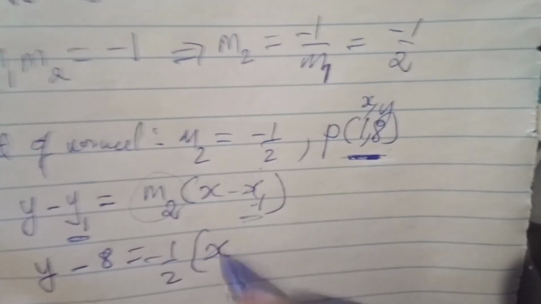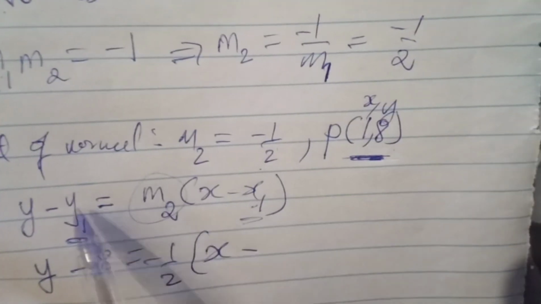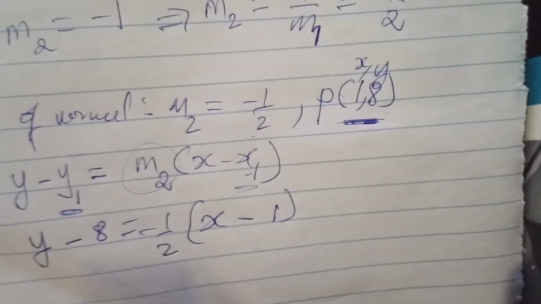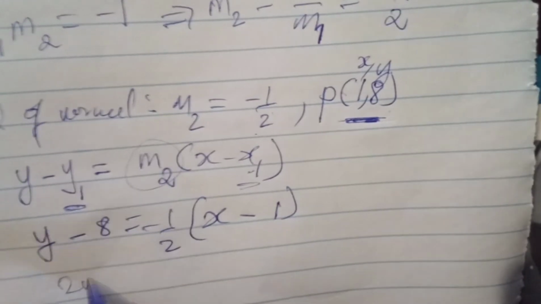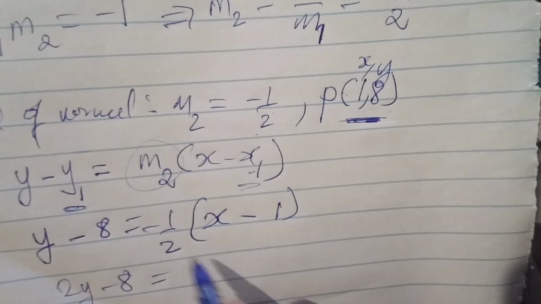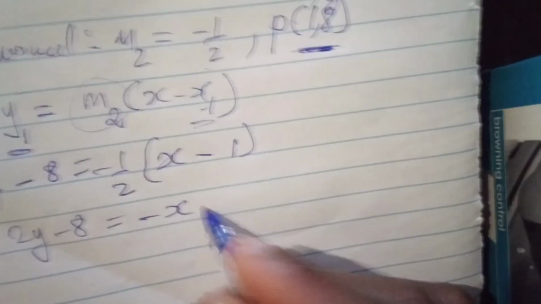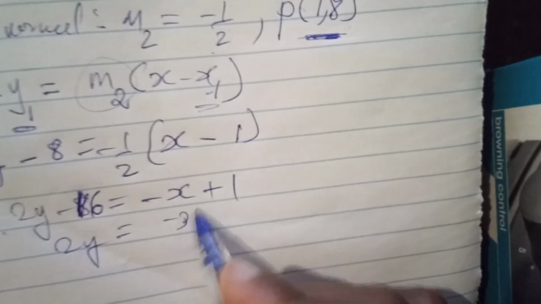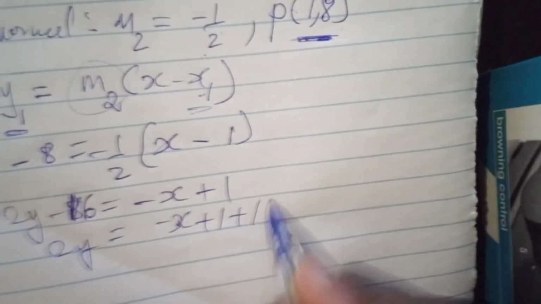Then you multiply by 2, so it will be 2y minus 16. Sorry, this will be 16. Multiplying by the negative, we get negative (x minus 1). Then we take this to that side, so we have negative x plus 1 plus 16.